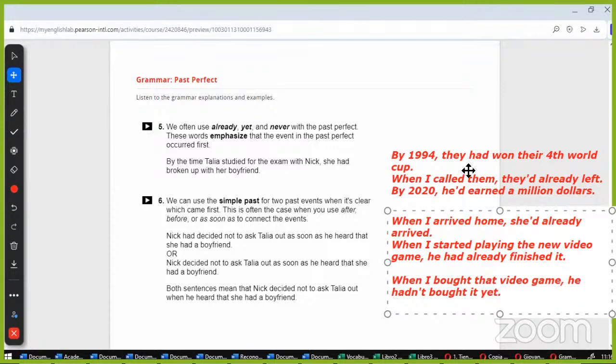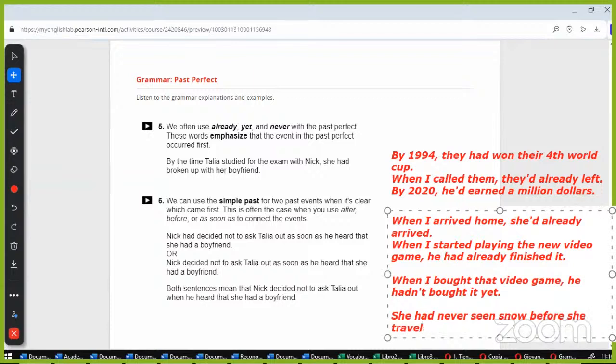Or she had never seen snow before she traveled to Canada.